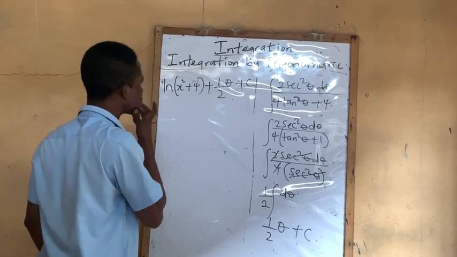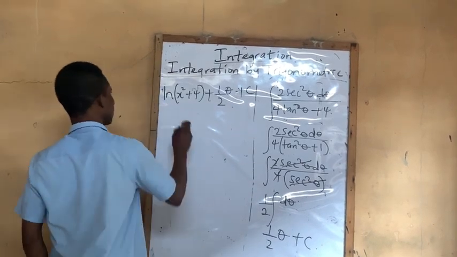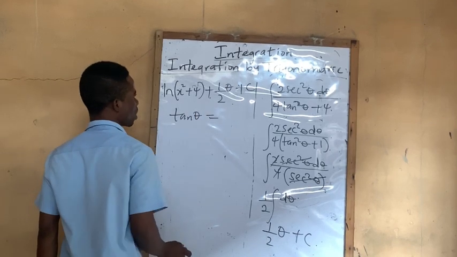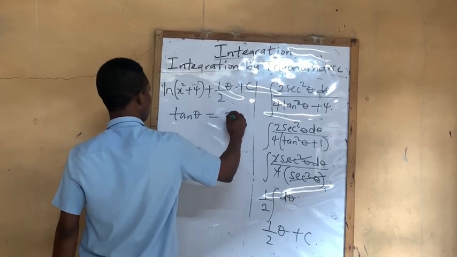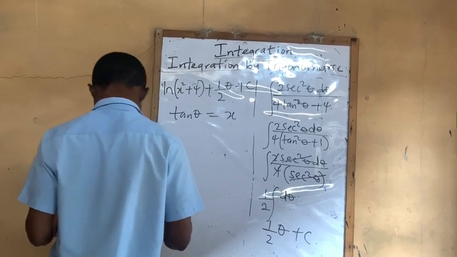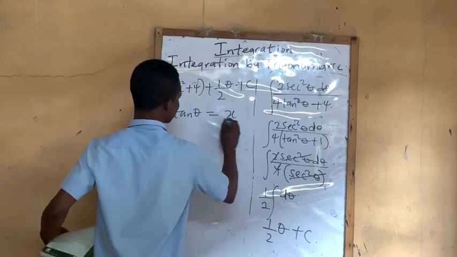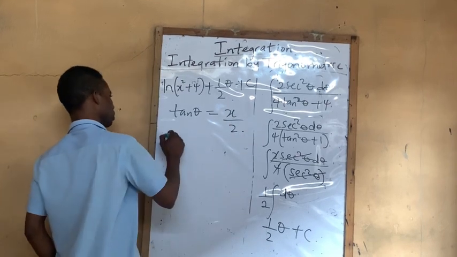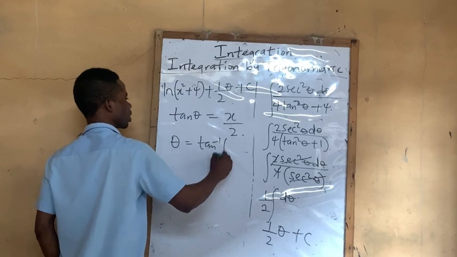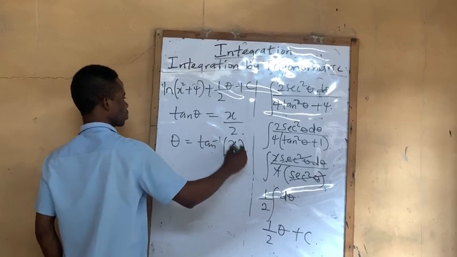From the start, we used tan theta equals x all over 2. So if I divide this out by tan, that means theta equals shift tan, that is inverse tan, of x all over 2.